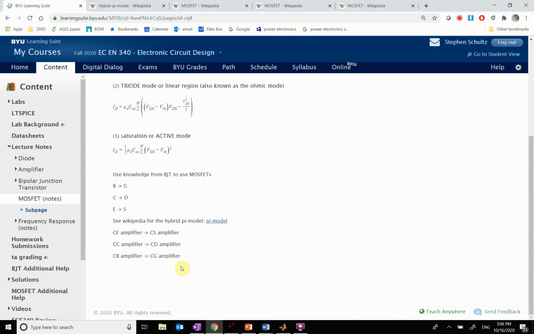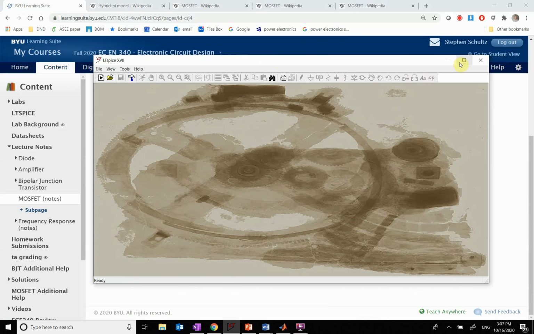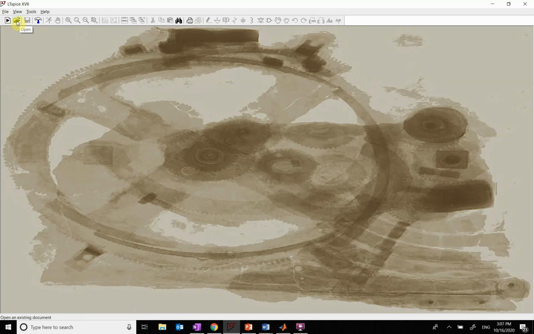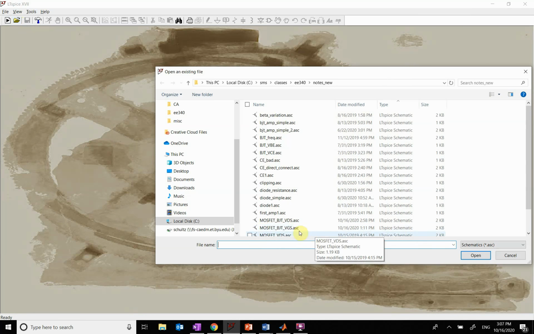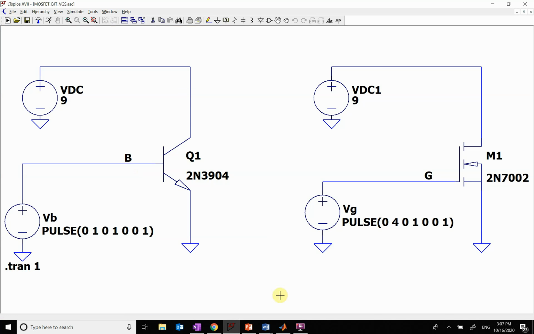Okay, so now that we understand these, let's go and look at LTspice and look at these plots. So we're going to look at the gate to source first. Here is our BJT that we had before. And I'm putting a voltage onto the base emitter, which is my control.